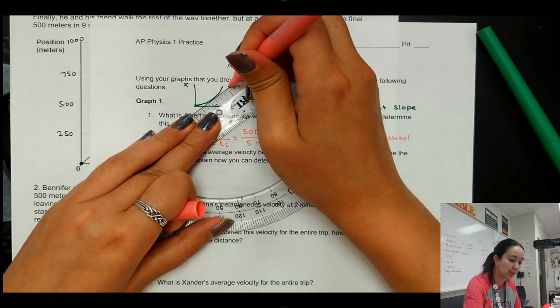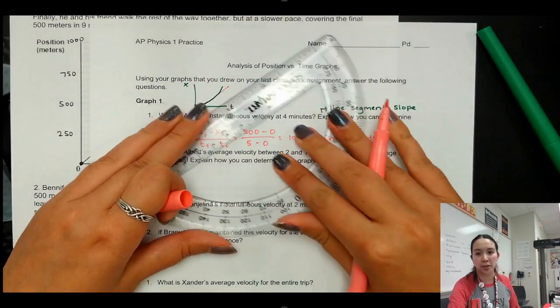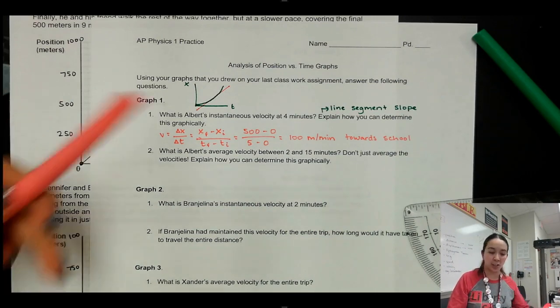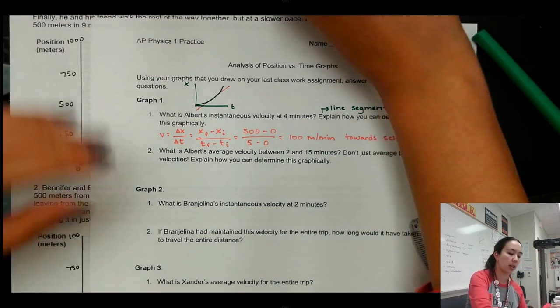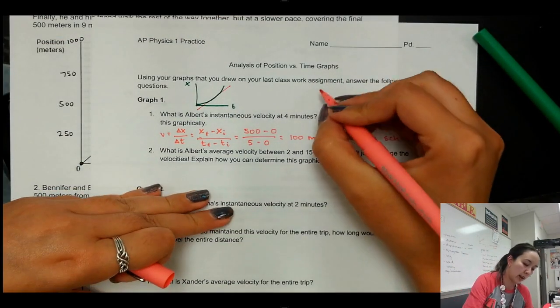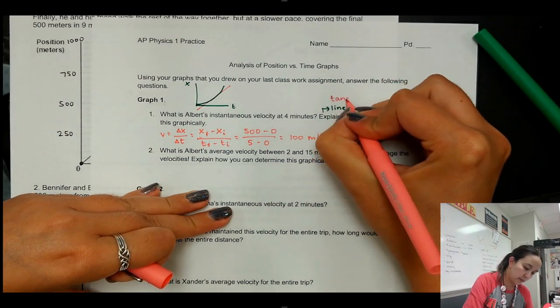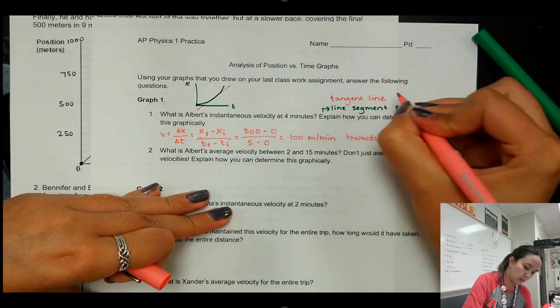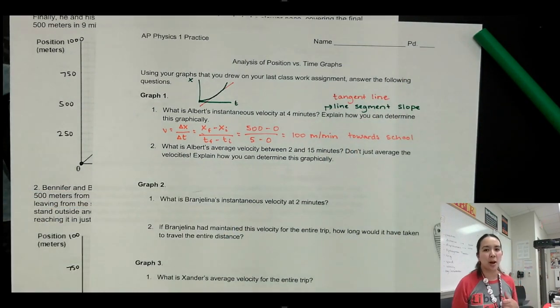Technically, to do this you would need calculus. We can make pretty good approximations of tangent lines, but the official way to determine it graphically is through a tangent line. That's a topic for later. For now, if we're looking at line-segmented position versus time graphs, you're just looking for the line segment there.